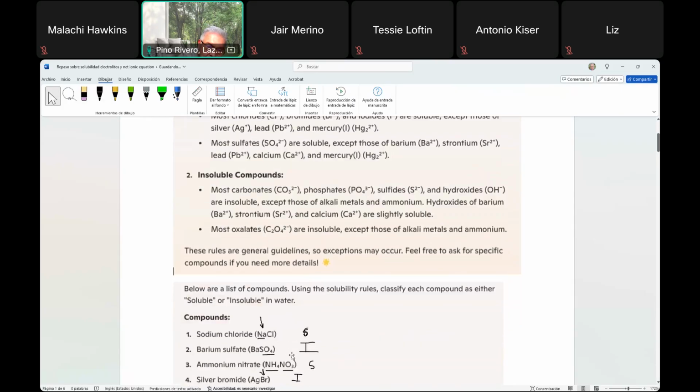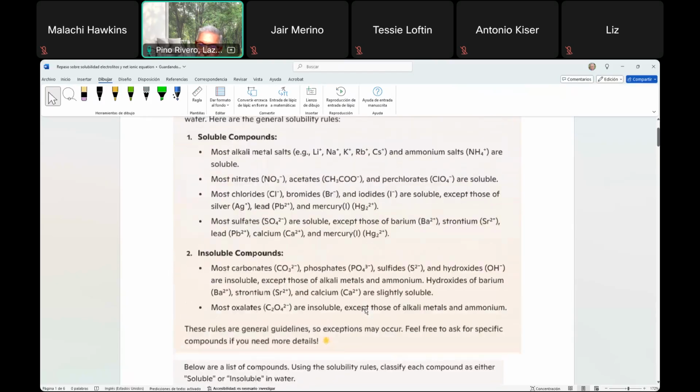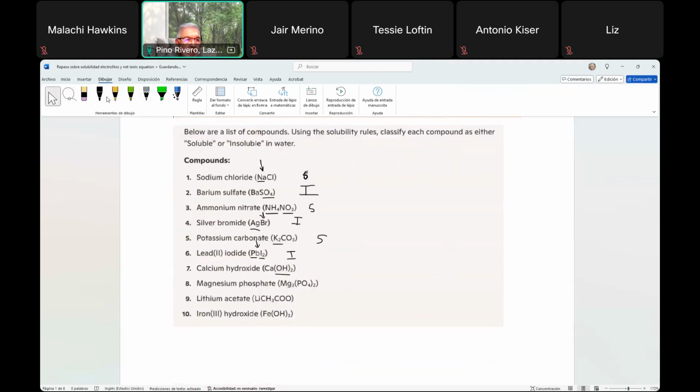But in this case, what we have here is calcium. What does it say about calcium? Oh, hydroxides of barium, strontium, and calcium are slightly soluble. When it is slightly soluble, I prefer that you say that they are insoluble. All right, because it means that you will always have a solid. Okay.